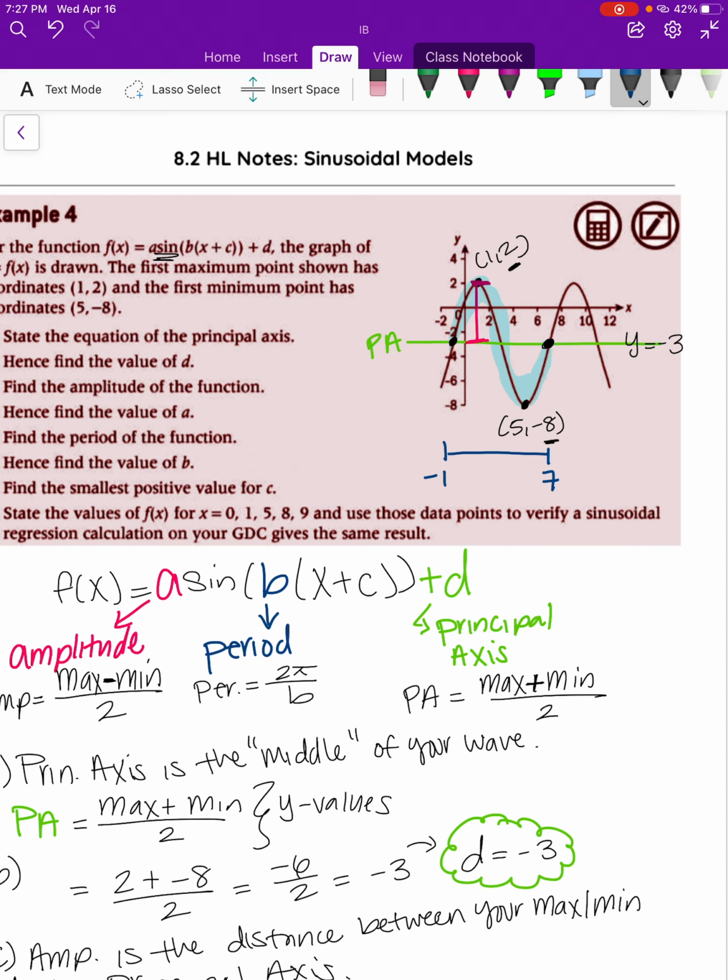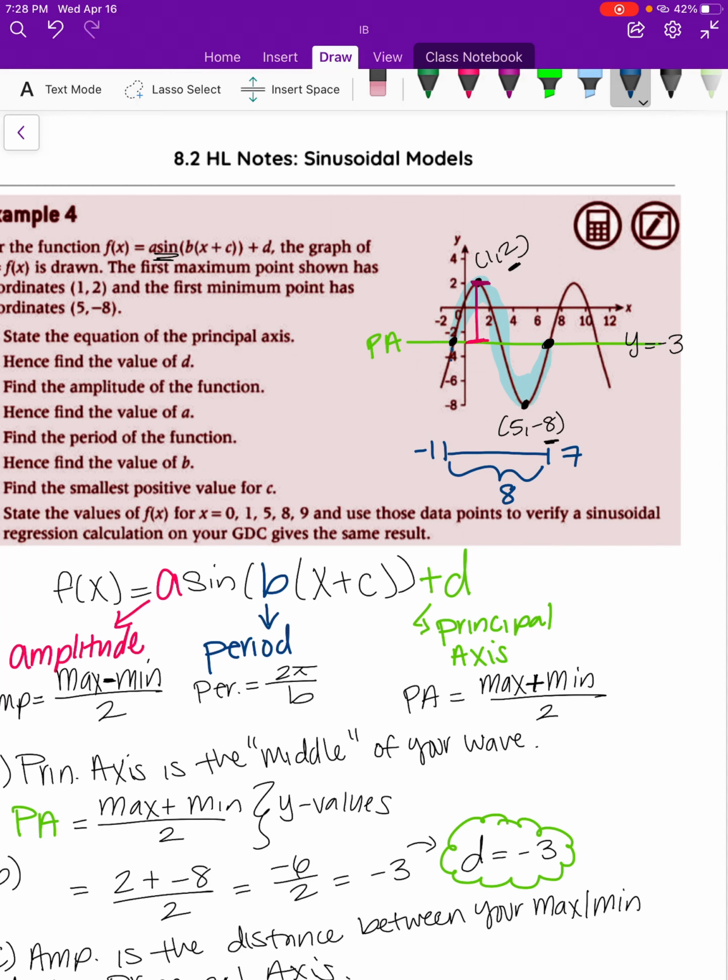That means my distance is 8. So the period of my function from beginning to end is about 8. I'm just going to get rid of that so it doesn't get too messy.